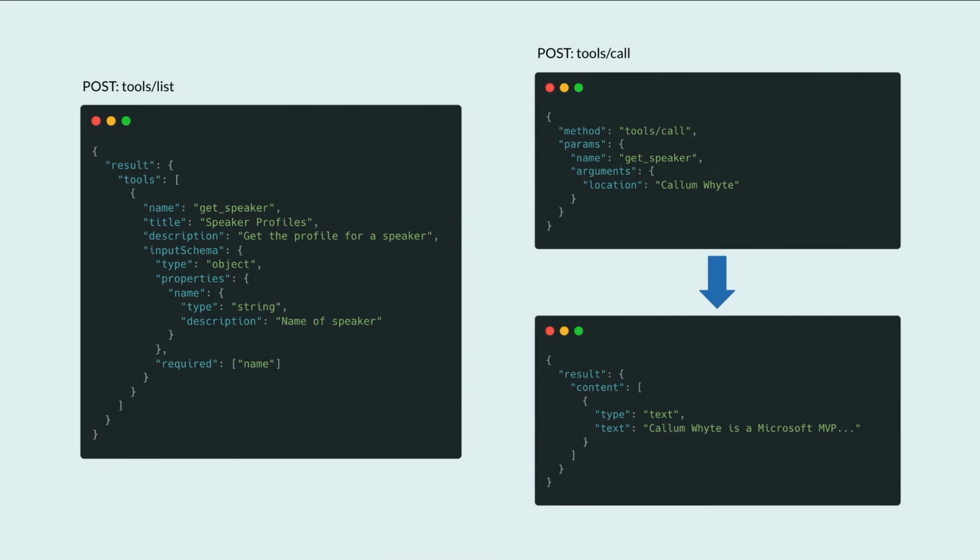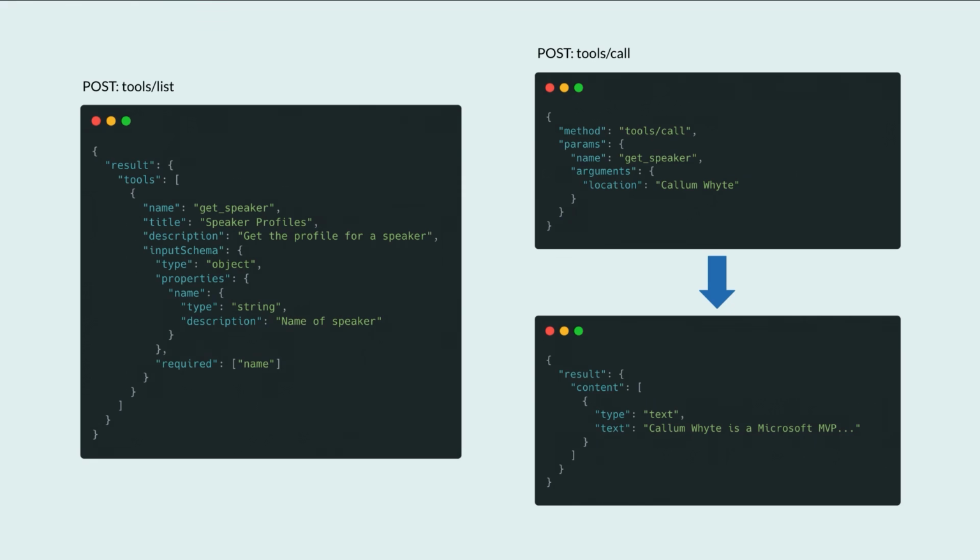Under the hood, when we're calling these different endpoints, this is effectively what the MCP client is going to be doing. So first we call off to our tools list endpoint at the discovery phase. This comes back and tells our client, hey, these are the different things that you can call, the different functions. And you'll see they have a name, they have a title, and a description in natural language that describes what this function does, what it's used for.